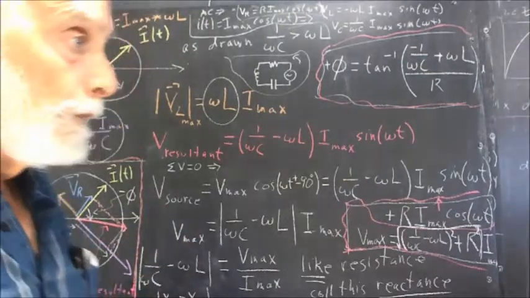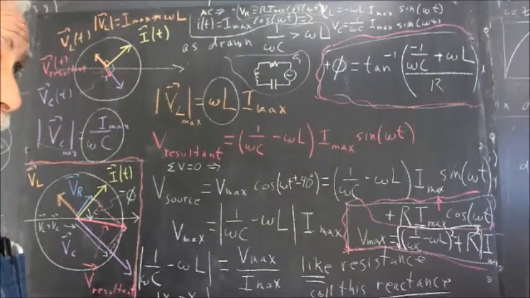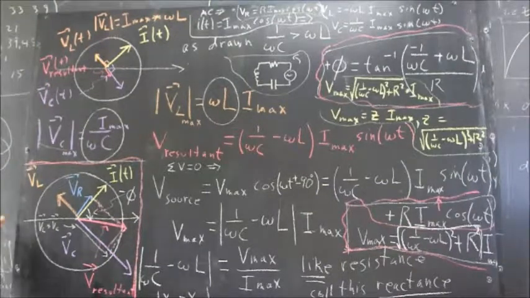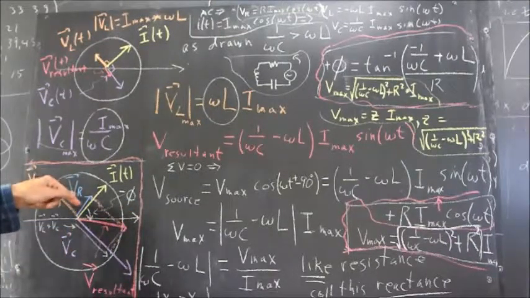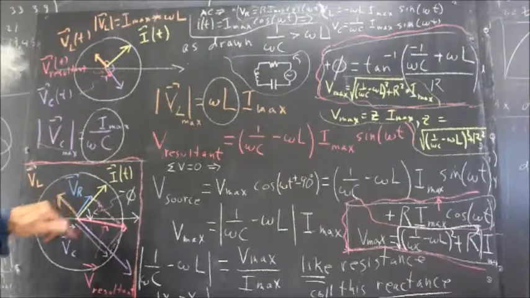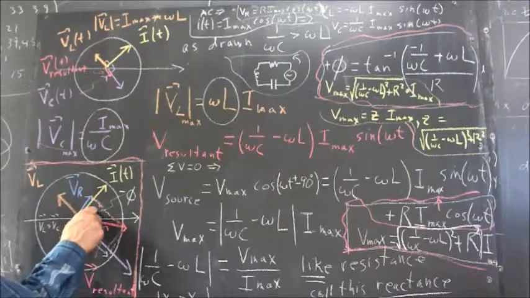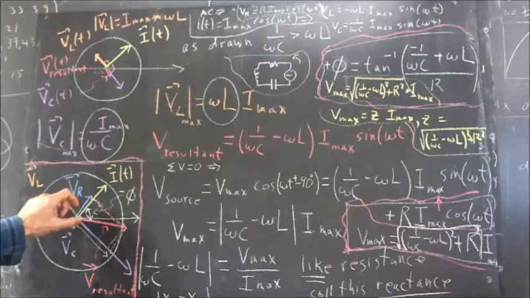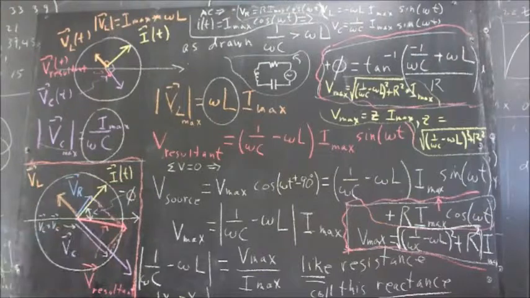Now, looking a little further, let me clean up one little detail here. I labeled this as negative phi. Well, phi is in this direction, so phi is negative. If I do this, then the angle is just the magnitude of the angle, and the magnitude of that angle is negative phi.